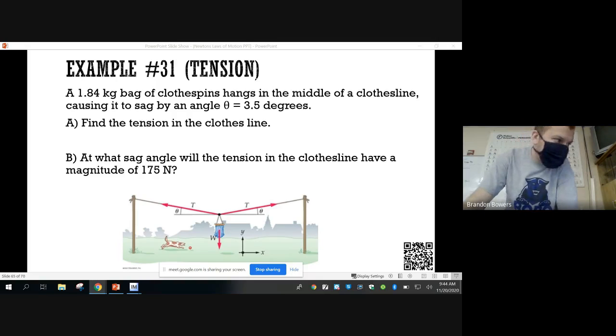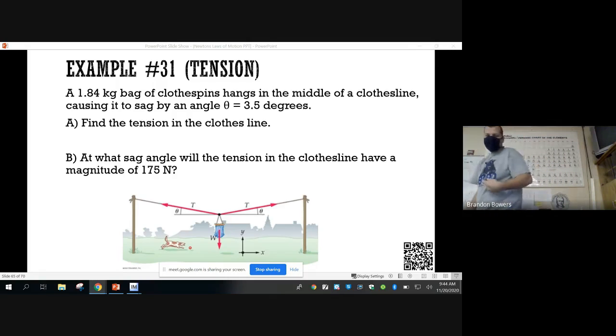At what sag angle will it be 175? So to do this, do the opposite side. If this is 175, and I already know my angle there, how can I solve for my angle? Opposite side. Reverse side.